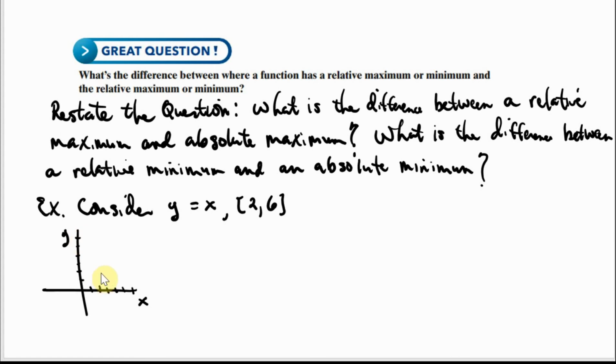If we graph that, we start at 2, we go to 6, and it's a straight line. What is the relative minimum? What is the relative maximum?